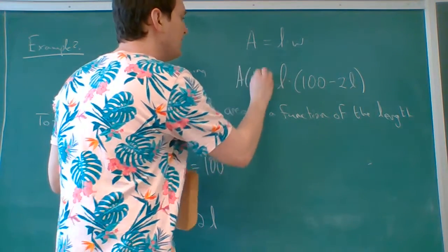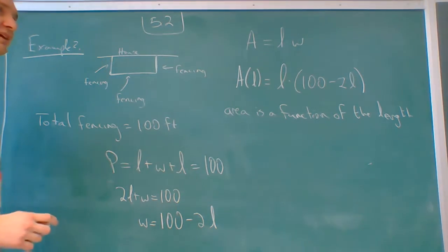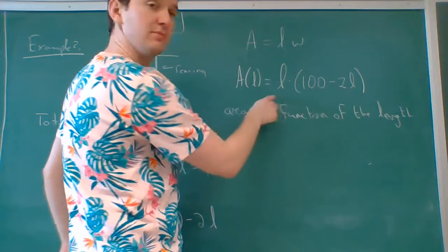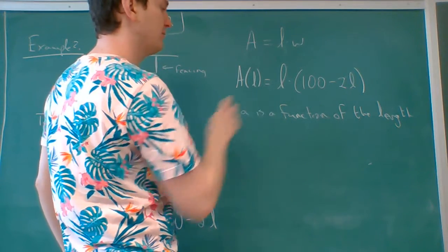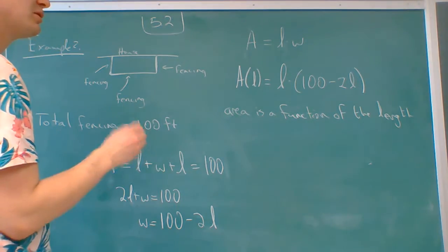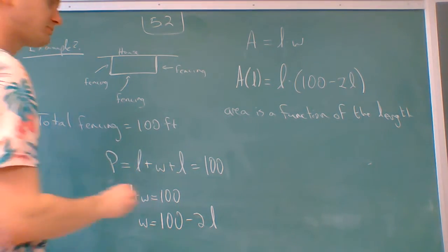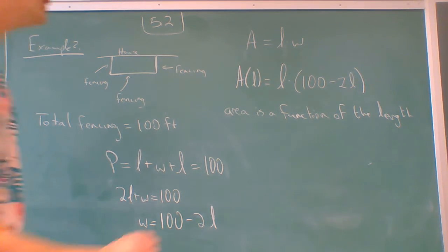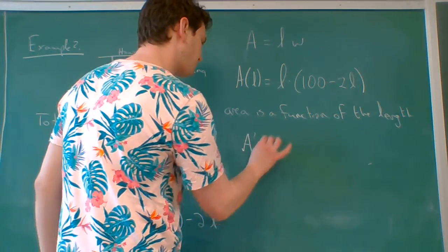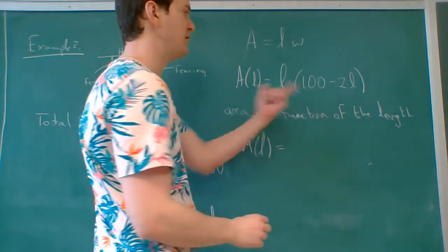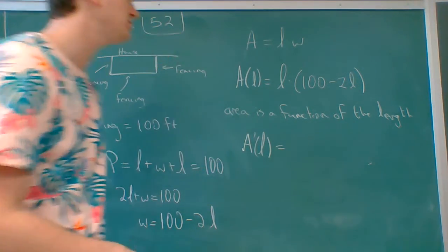So I've now got area written as a function of the length. That's an L. I hope my L's aren't messing you up. I want to maximize this. So let's see, what do I need to think about? I need to take a derivative of this area. I'm going to use the product rule. Do I need to? How about this?